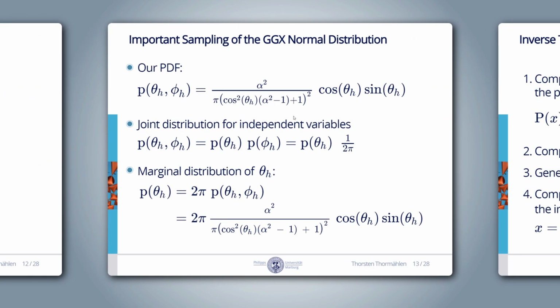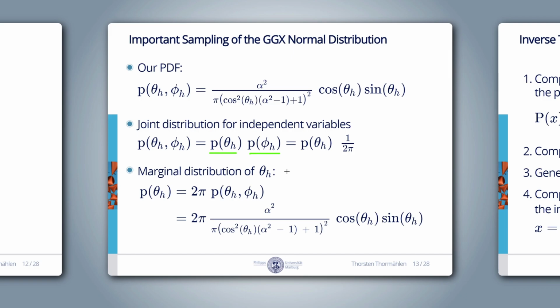Our PDF in spherical coordinates is a joint distribution of the two random variables theta_h and phi_h. But we see here that in our special case, the joint distribution is only a function of theta_h and does not depend on phi_h. For independent random variables, the joint distribution is the product of the marginal distributions, which is a basic rule from probability theory.